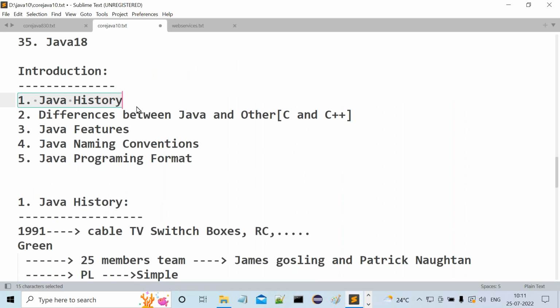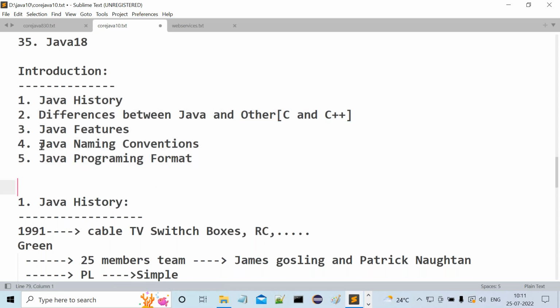In the introduction, what exactly are the topics available? Java history, differences between Java and others, Java features, Java naming conventions, and Java programming format. These many concepts exist.